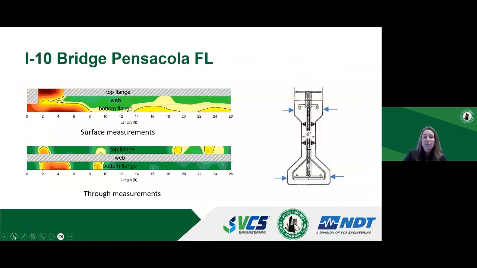So we used a slightly different approach. Here we combine surface measurements that you see in the color plot at the top of the slide with through measurements. Through measurements is a variation on the through tomography. So here we're not creating multiple paths between the sensors and the impact device.